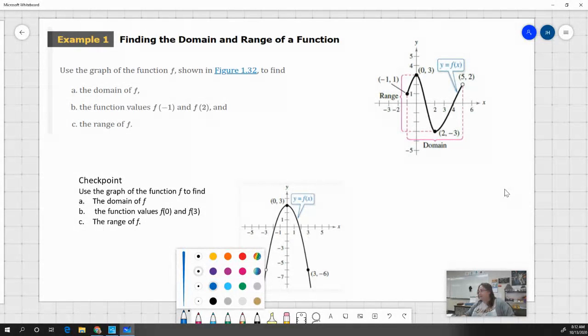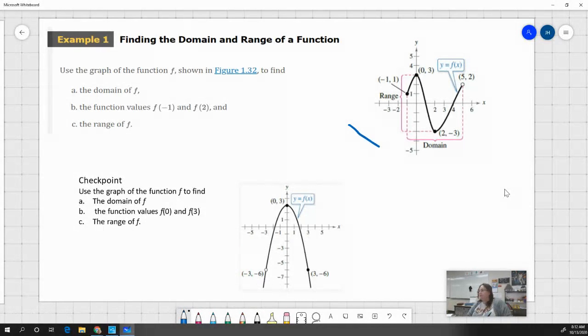Let's see if we can get this working today. There we go. We're talking about the graph here, right?